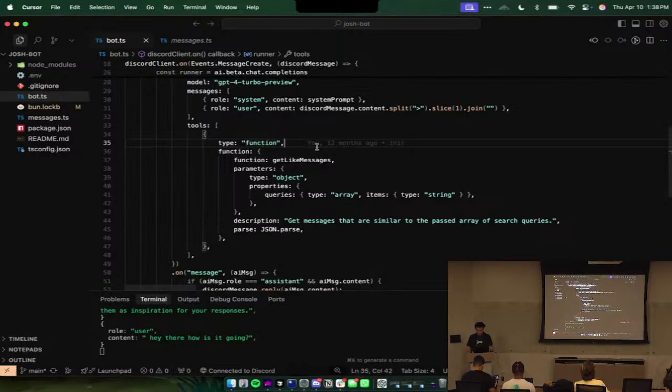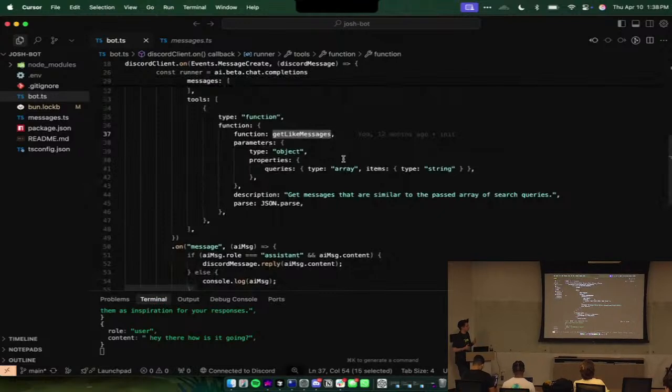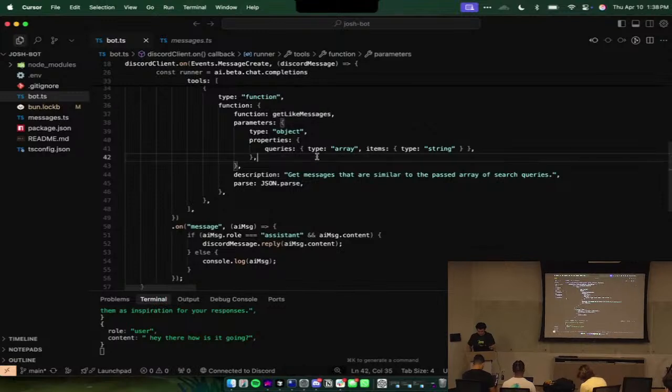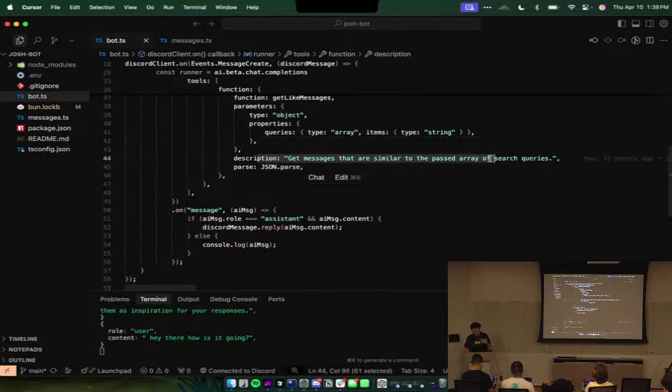What this function does is get messages: the model will be able to pass some data to this function, basically a search query, and it will fuzzy search all of Josh's messages to find similar messages to those search queries, which it can then reference in its response. We tell it that it can expect back an array of strings that we want it to pass in. We give it a description of what it does, and then we tell it to treat it like JSON.